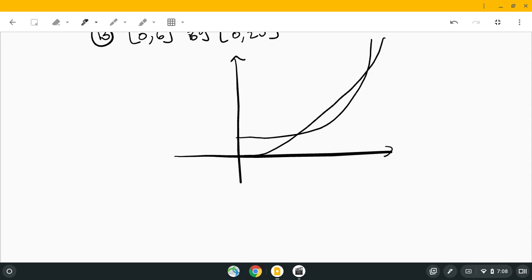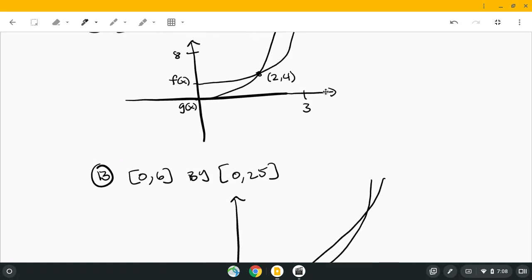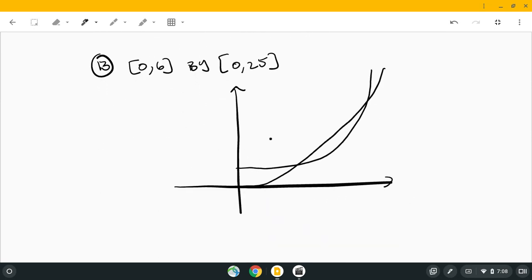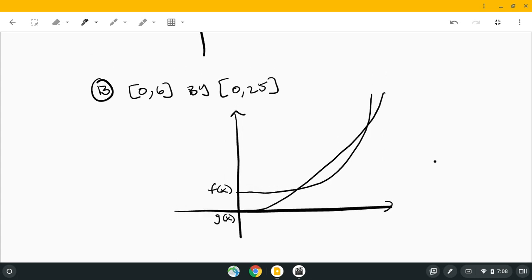Before, we were only looking at the functions between here and here, so it looked like the g function was increasing much faster. But then we look here.